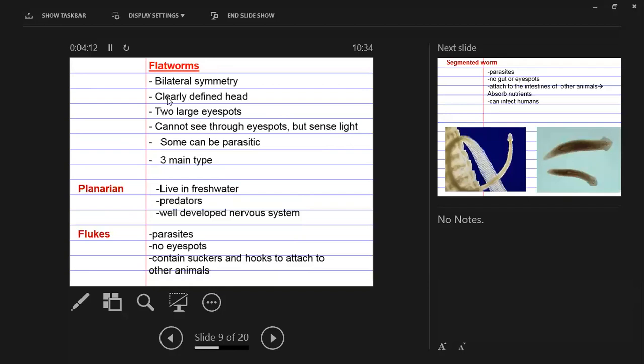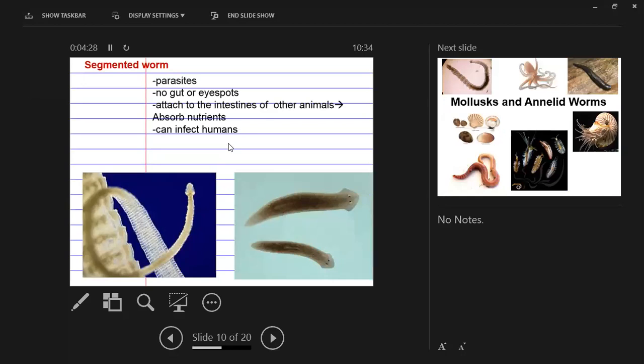Flatworms: bilateral symmetry, clearly defined head, two large eye spots. 1, 2, 3. Segmented worms, parasites, eye spots. Only 1, 2.